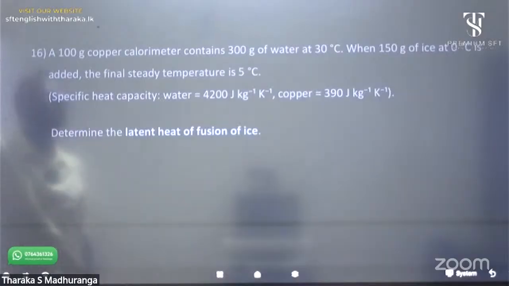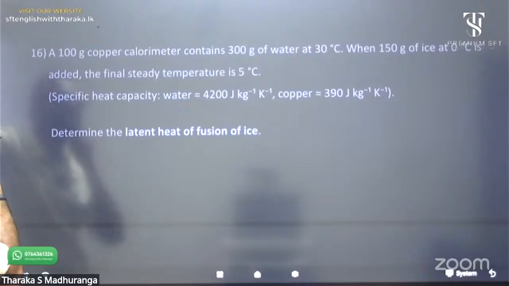Let's do the final one, right? A 100 gram copper calorimeter contains 300 gram of water at 30 Celsius. When 150 gram of ice at 0 Celsius is added, the final steady temperature is 5 Celsius.